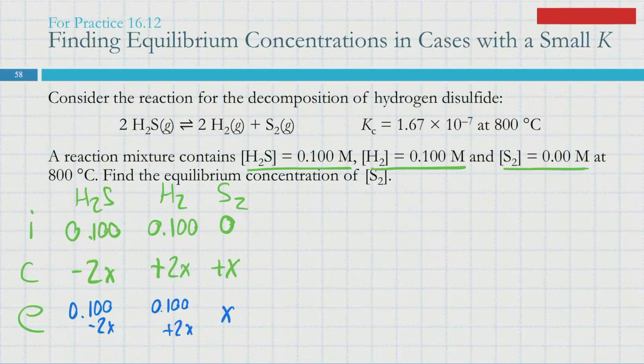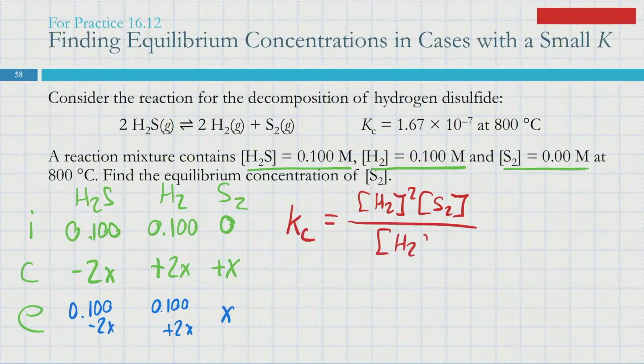We set up our Kc: concentration of H2 squared, concentration of S2, over concentration of H2S squared. We pop in our E values and see what a big mess this would be if we couldn't use our approximation.